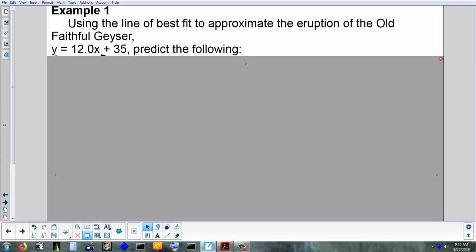So this is your line of fit if we had a scatter plot with data on how often the geyser erupted and how long the eruption took. This is it right here. That would be the line of fit if we graphed all the different data.